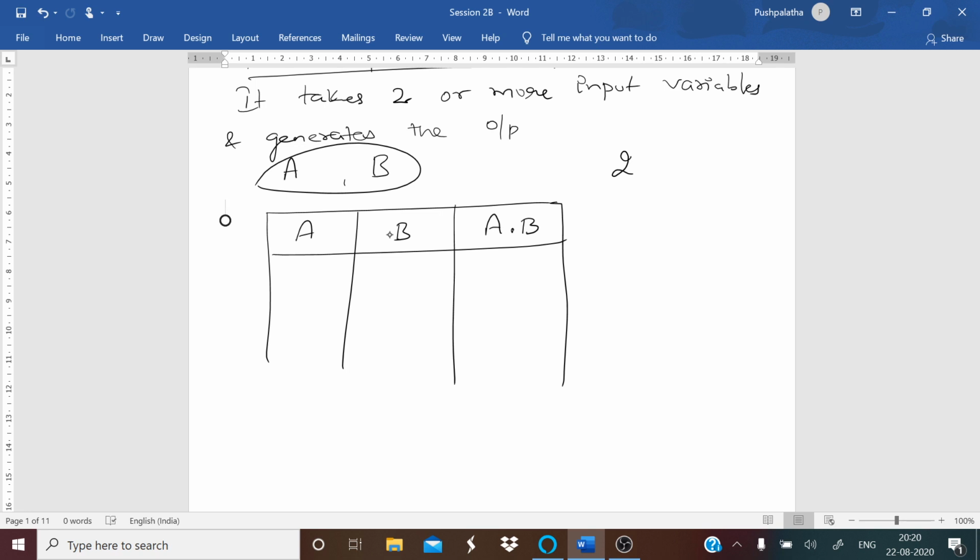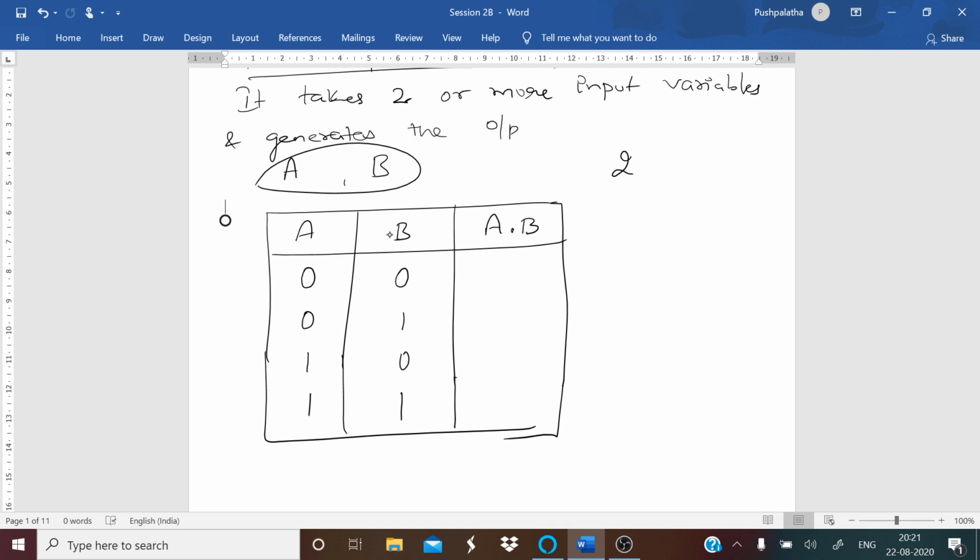If A is 0, B can also be 0. A can be 0, B can be 1. A can be 1, B can be 0. A can be 1, B can be 1 also. So these are the possible combinations. 0 means false, 1 means true.